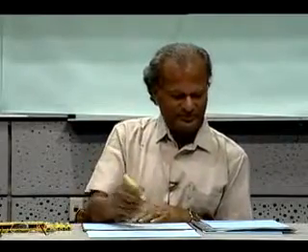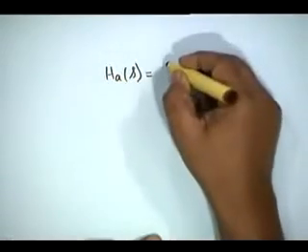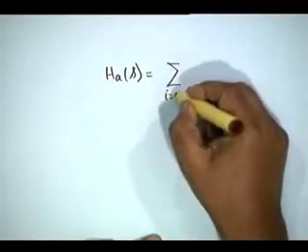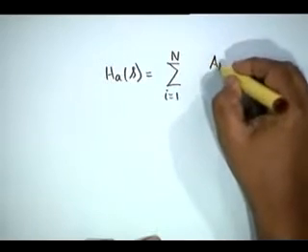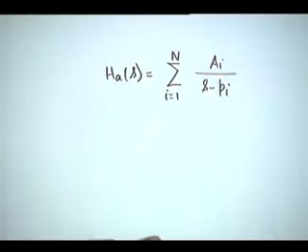So, the procedure is extremely simple. Suppose H_a(s), for simplicity, we assume that it has only distinct poles: the sum for i equal to 1 to N of A_i divided by s minus p_i. What happens when I have repeated poles? We will discuss that later.